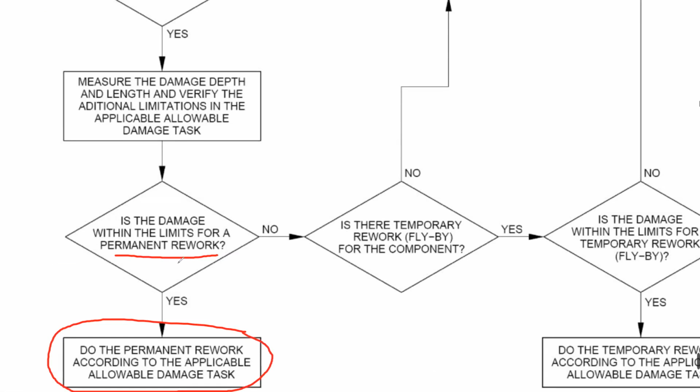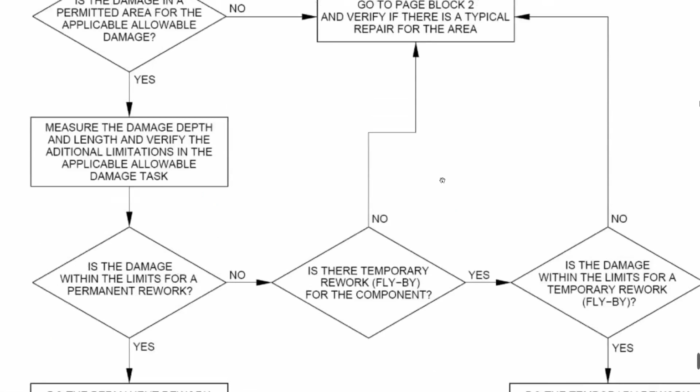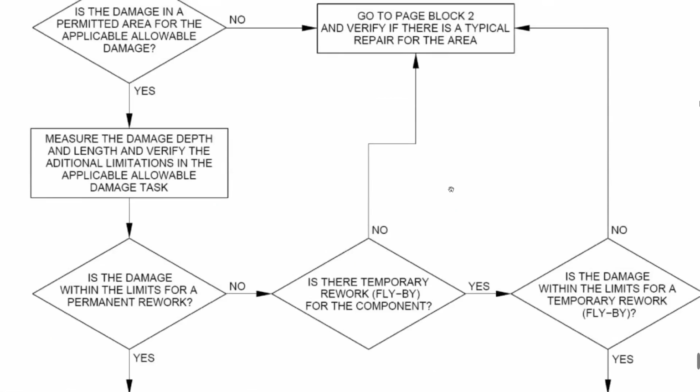If there is no permanent rework, we have to look for a temporary solution, or so-called flyby, if it is acceptable, because in some cases we have temporary repairs and later we have some limitations.